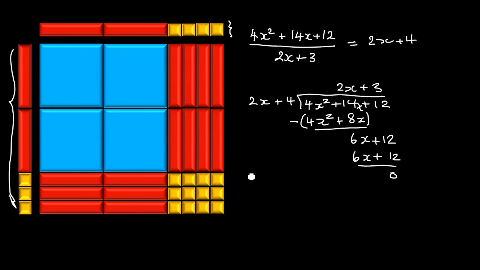If we have x equals 10, okay, then 2x plus 3 will become 23. And let's divide that into, well, what have we got? We've got 400, because x is 10, so x squared must be 100, so 400. Let's write that in, 400 plus 14x, well that's 140, plus 12.